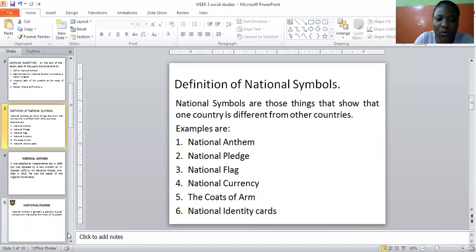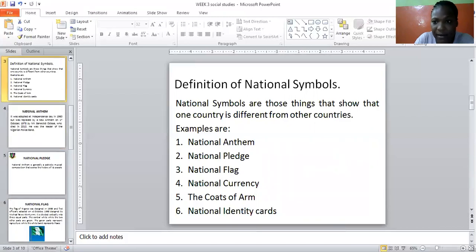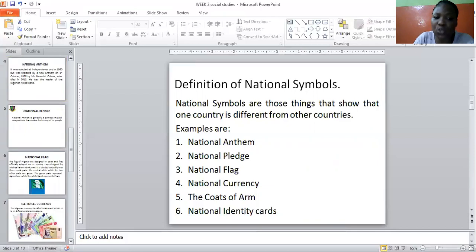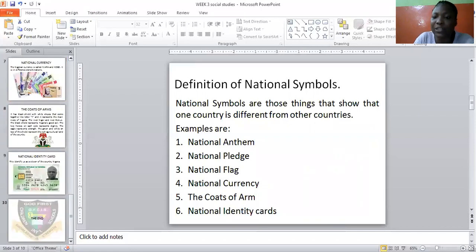And you must be able to say, what is confluence? Where two rivers meet, good. And our national symbols, we have listed them, and you must be able to represent everything on the coat of arms.